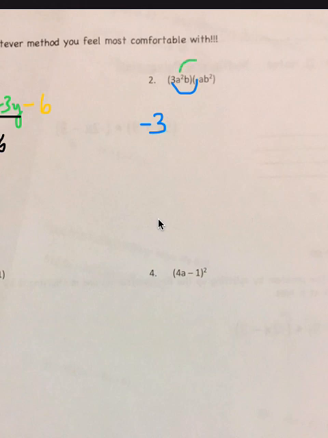A squared times a is a cubed, and remember we always list a before b, and then b times b squared is b cubed. And so there you have it, negative 3a cubed b cubed, and that's just distribution.